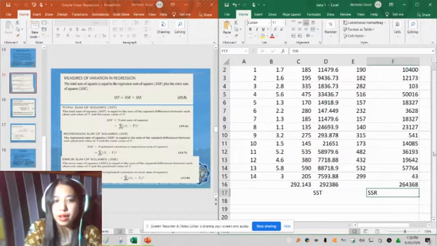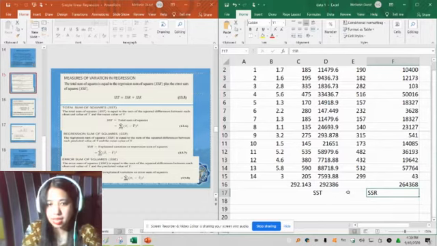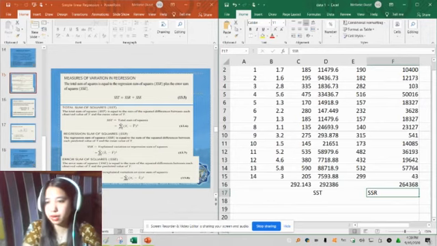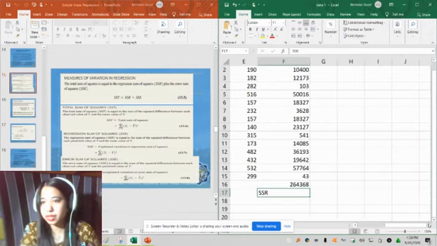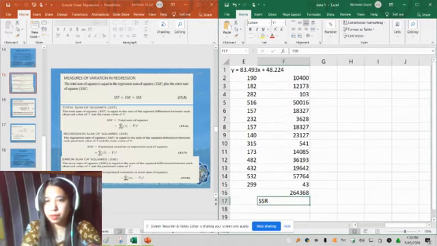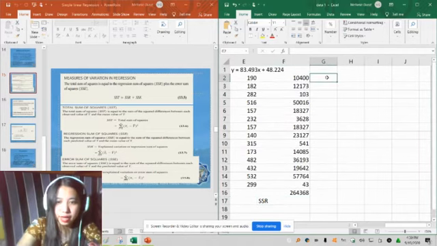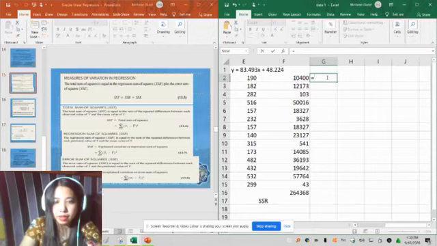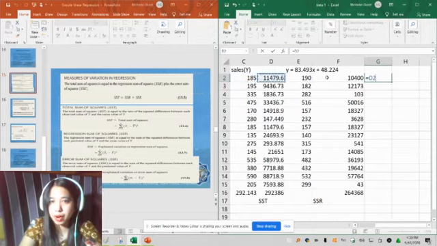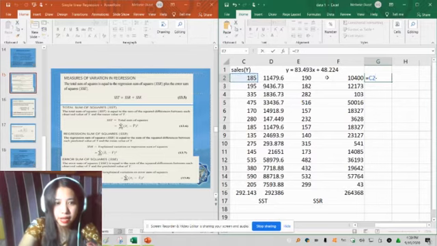So what is next? To get the value of the SSE, the error sum of squares, let us also compute that part. It is equal to the value of y. So where is our y? This one, less the predicted value.